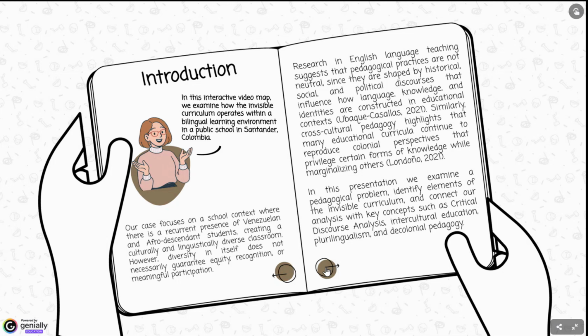In this presentation, we examine a pedagogical problem, identify elements of the invisible curriculum, and connect our analysis with key concepts such as critical discourse analysis, intercultural education, plurilingualism, and decolonial pedagogy.